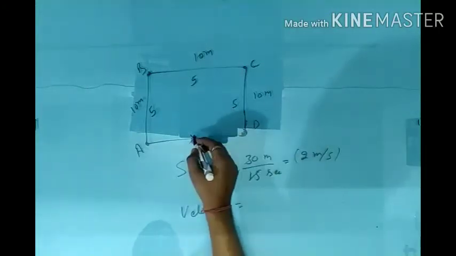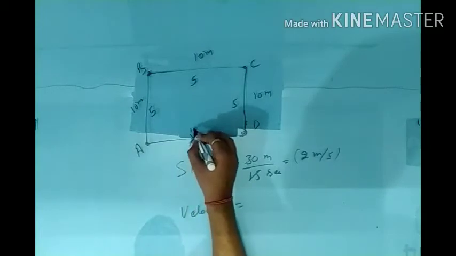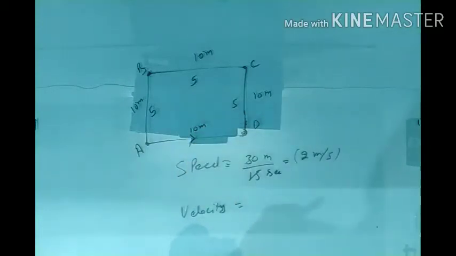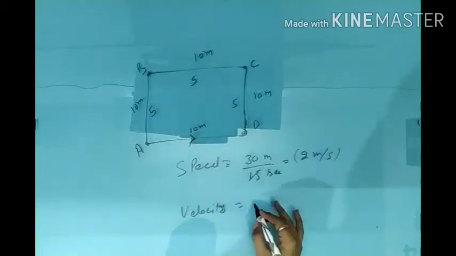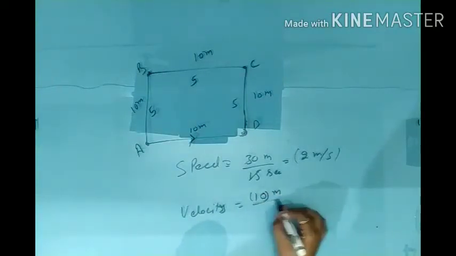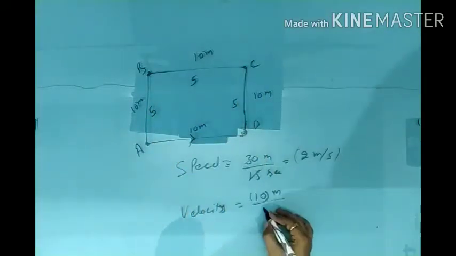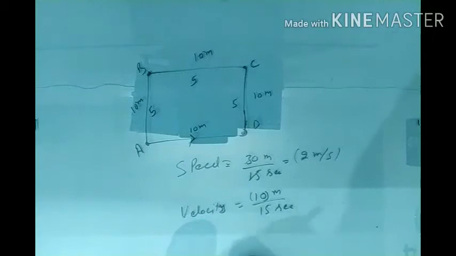But if we have to find the shortest distance, that is the displacement. Suppose it is 10 meter again. Now if it is 10 meter, we can say that velocity is equal to 10 meter as displacement divided by, now how much time does it take? Total time, it is 15 seconds.